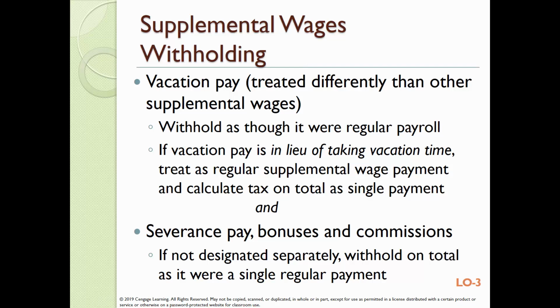Supplemental wages, we've identified as retroactive pay, discretionary bonuses, severance pay, vacation pay, things like that. And I think we talked about that there was some special treatment of supplemental payments.